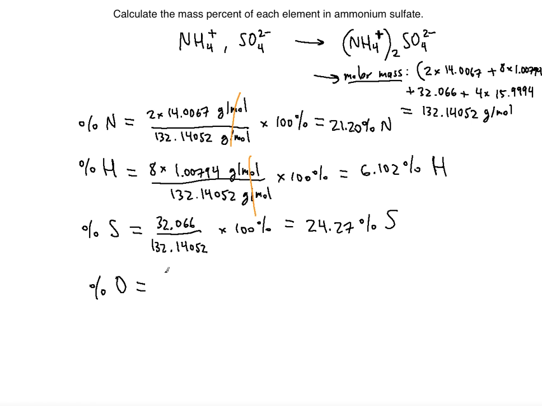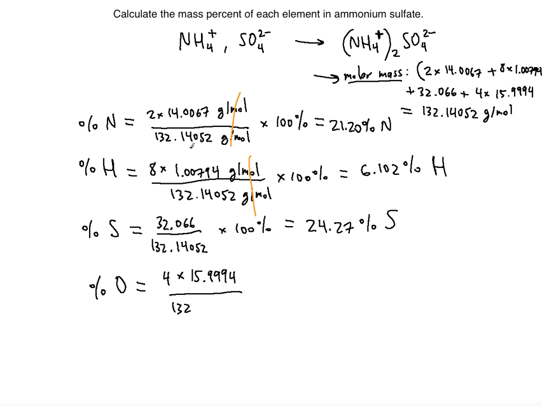And lastly, the mass percent of oxygen atom. So that's going to be this number finally, 4 times 15.9994 over 132.14052. And notice always we're using the molar mass of ammonium sulfate each time in the denominator, right? Because we're trying to find the mass percent of each element in ammonium sulfate.